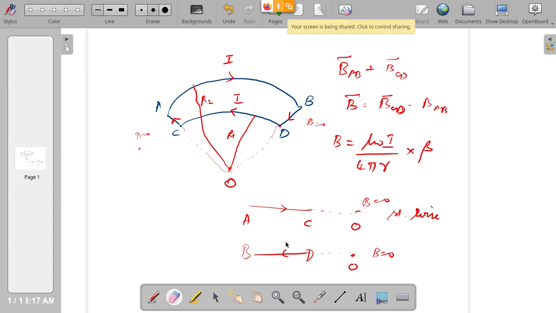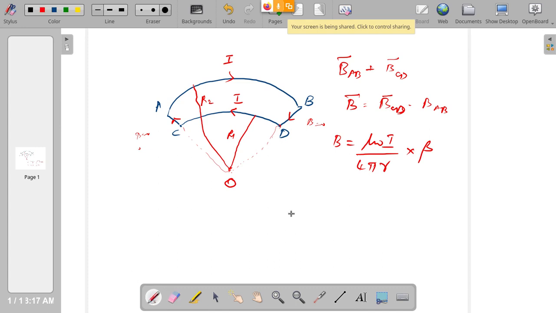If you substitute the known things, you will get B is equal to mu naught I divided by 4 pi into beta by R1, that is the first case, and the second case is beta by R2.